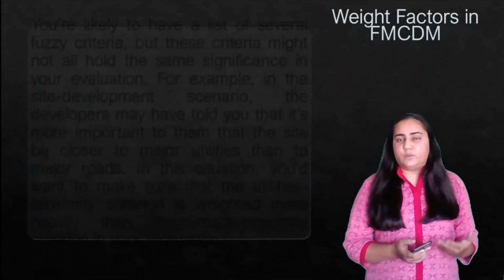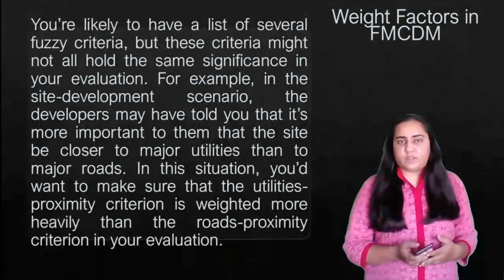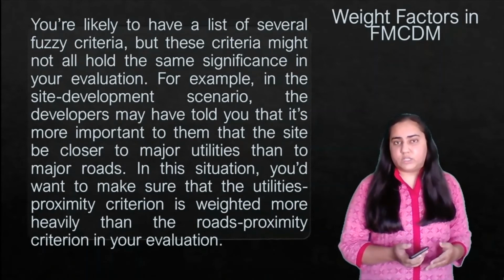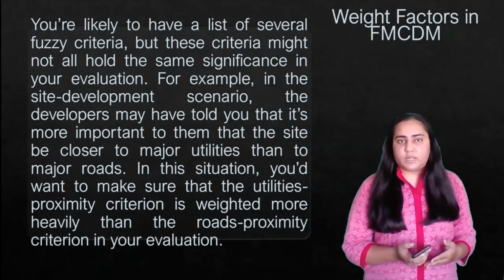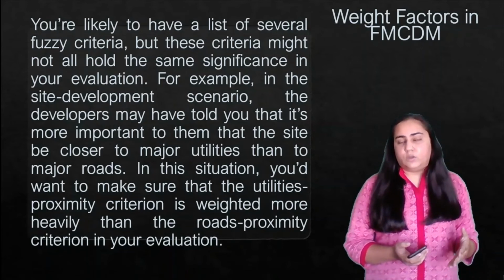And you could also add weight factors to FMCDM. What are weight factors? You're likely to have a list of several fuzzy criteria, but these criteria might not all hold the same significance in your evaluation.